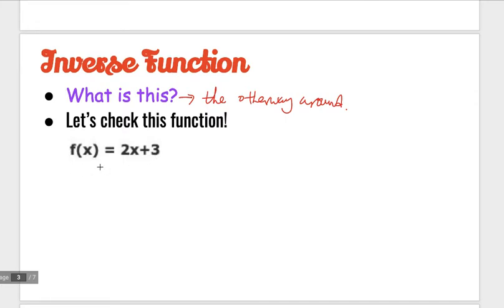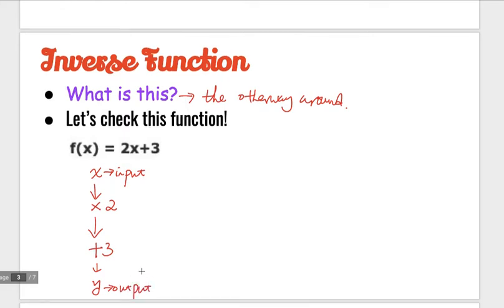This function says, for any input, this is our input, I need to multiply by 2, and then whatever the answer is, I add 3. So basically, the final result I'm going to get is the y output. So this function says I multiply by 2, plus 3, I get y.